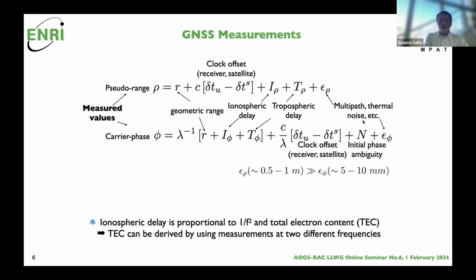And we utilize the property of the ionospheric delay, which is proportional to one over the square of the frequency. So we can actually estimate the total electron content, or the total number of electrons between the satellite and receiver, by using the GNSS measurement with two or more frequencies.